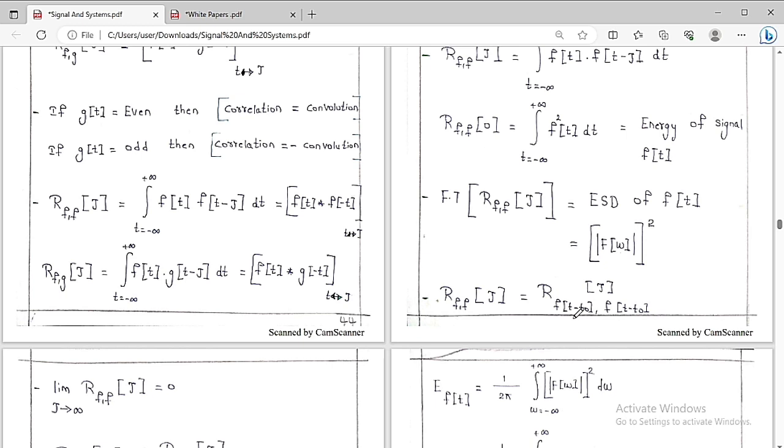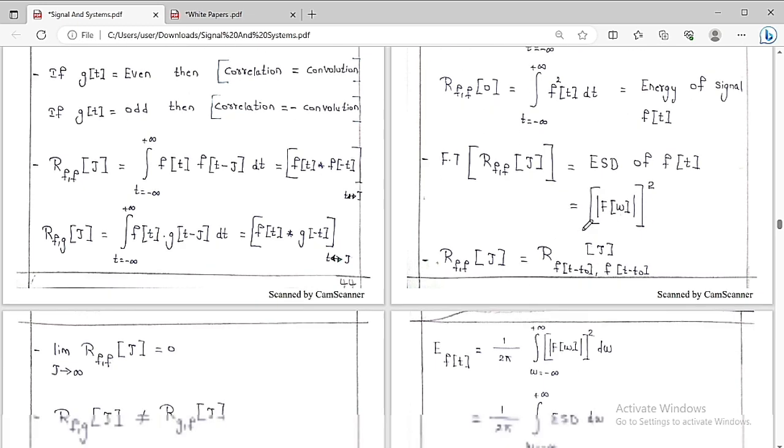Their autocorrelation equations are the same, so both are always equal and give you the same value.